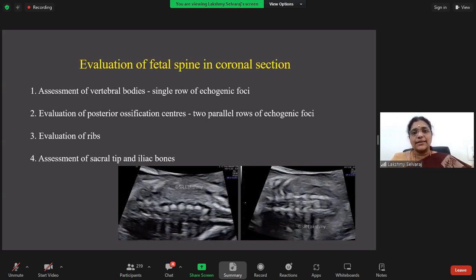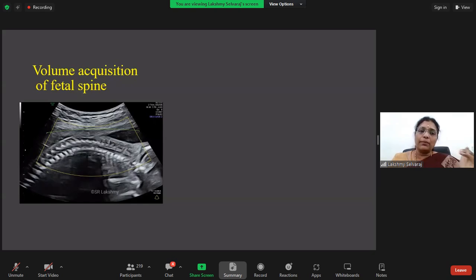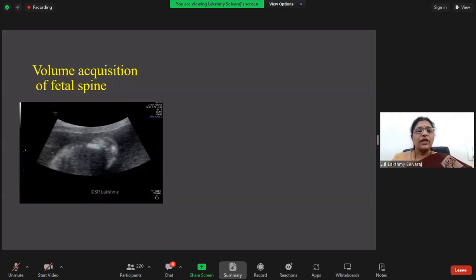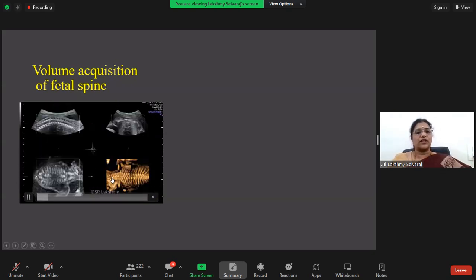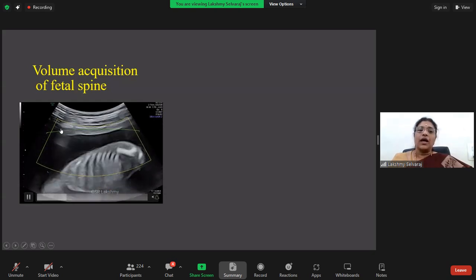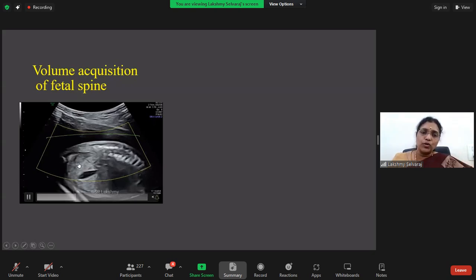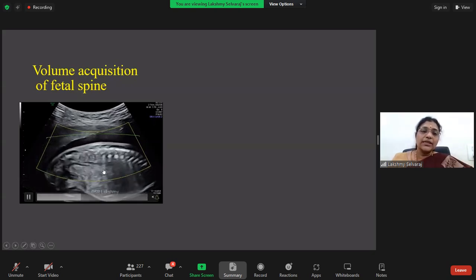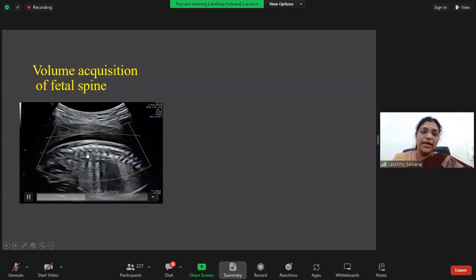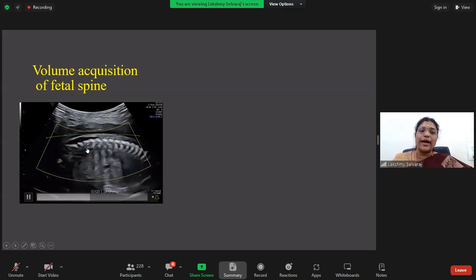Finishing the sagittal, axial and coronal, how do we do multiplanar imaging? Whenever we do a volume acquisition of the spine, as I've shown here, the placement of the volume box is very, very important because I want to cover the thoracic spine. Next, if I want to do the lumbosacral spine and look at the conus, the conus must initially be visualized at the time of volume acquisition.